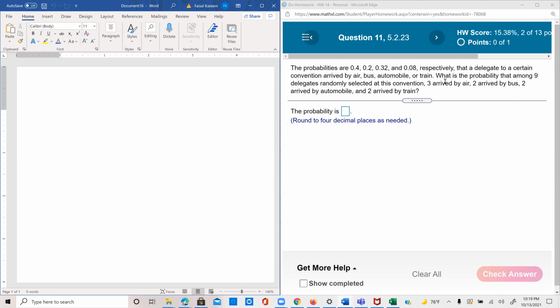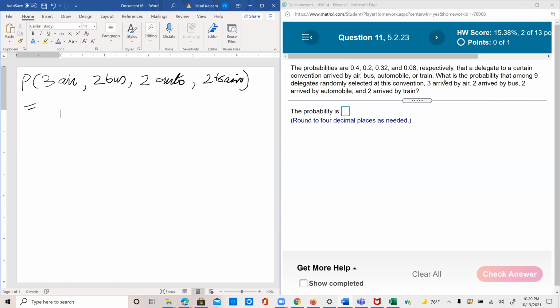What's the probability that among the 9 delegates, we have 3 arrived by air, 2 by bus, 2 by auto, and 2 by train.